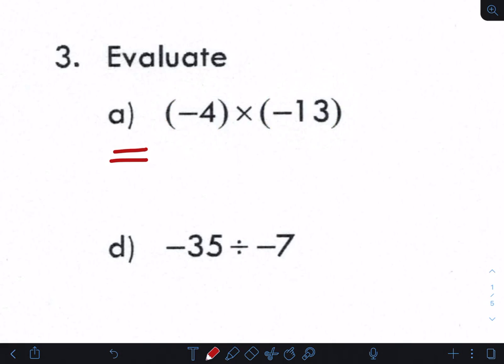A negative times a negative is a positive. And then all we have to do is 4 times 13. Now you can do it the old-fashioned way, like this. Remember from elementary school, 4 times 3 is 12, 4 times 1 is 4, plus 1 is 5, so we got 52.